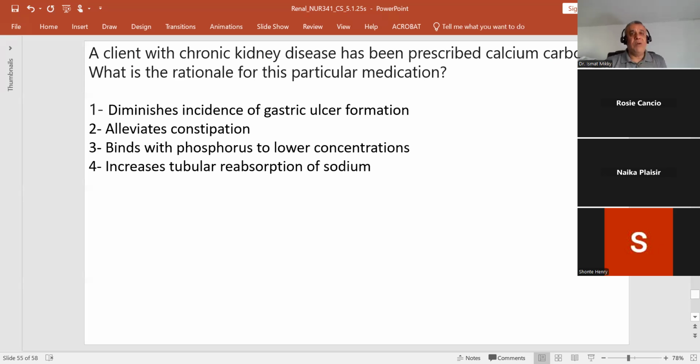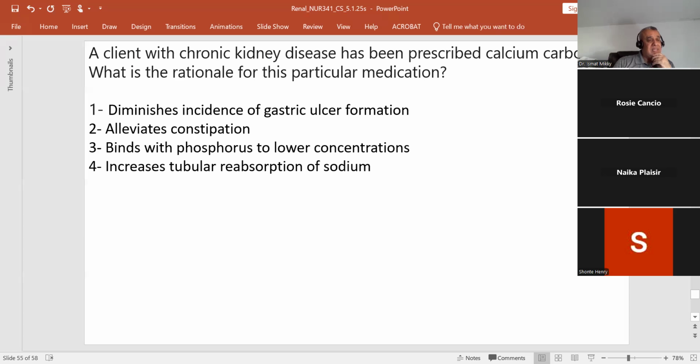A client with chronic kidney disease has been prescribed calcium carbonate. We are going to cover this content of CKD and ESRD, renal failure, dialysis, either hemodialysis or peritoneal dialysis, all of it in Adult Health 3. So I'm just giving you two questions, because this is a resultant complication of AGN.